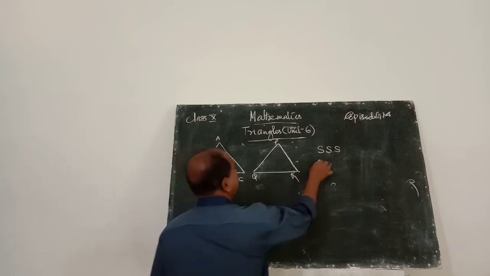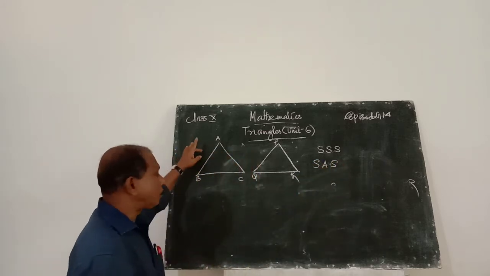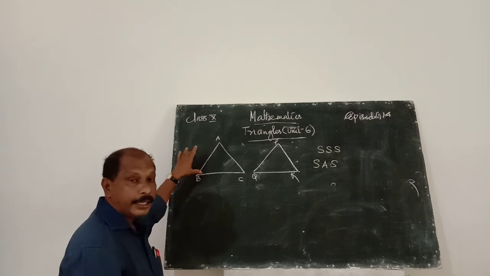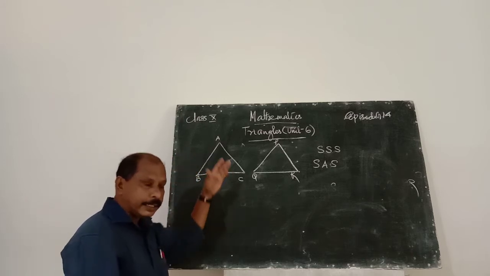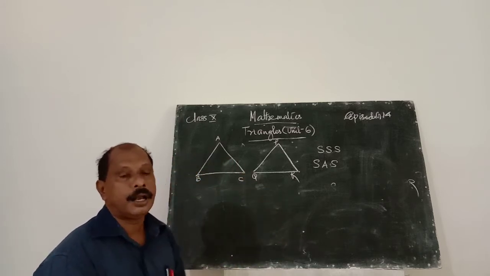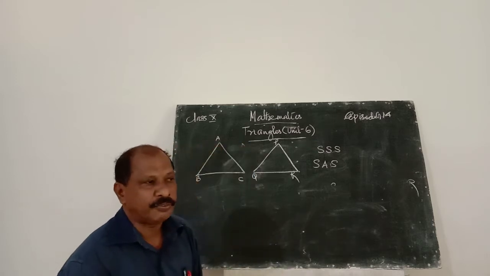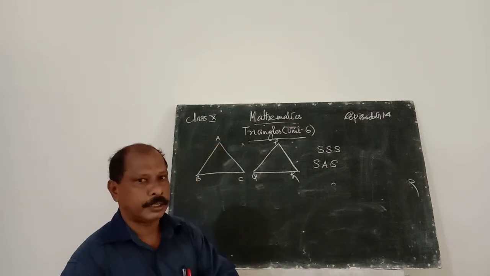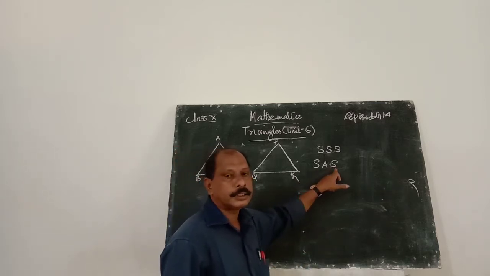Then SAS, similarly: two sides and the included angle of a triangle are equal to the corresponding two sides and included angle of another triangle. That is the criteria for congruency, not similarity. Congruency is known as SAS criteria.